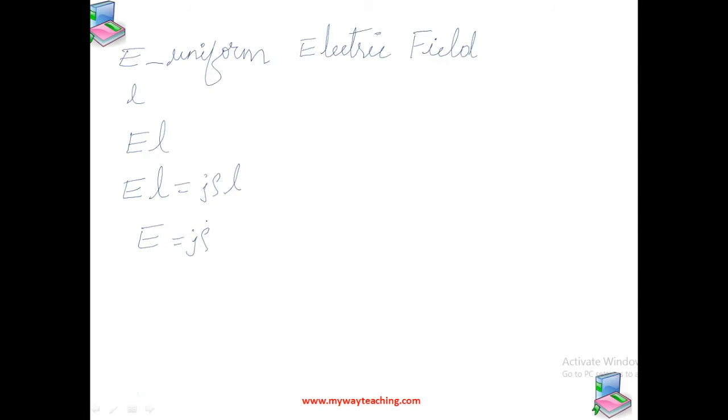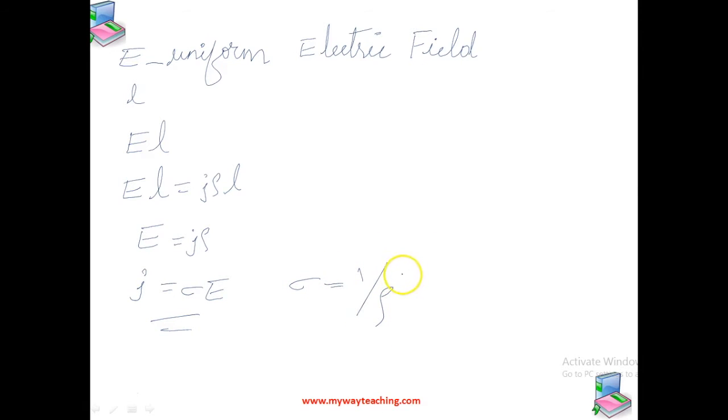This relation for magnitudes E and J can indeed be cast in a vector form. The current density J is directed along E and is also a vector. Thus, we can write this equation as J is equal to sigma into E, where sigma is 1 by rho.